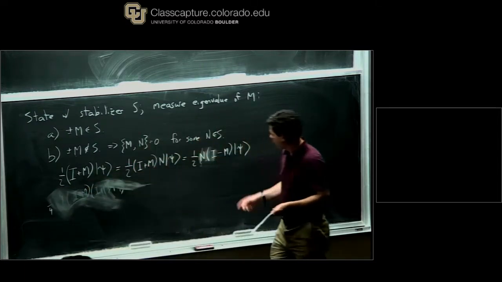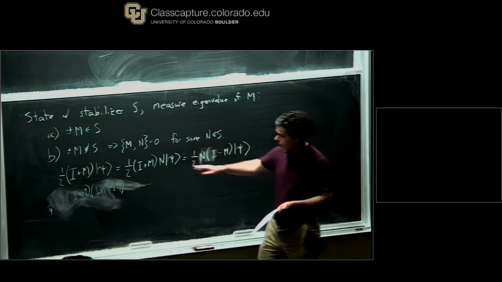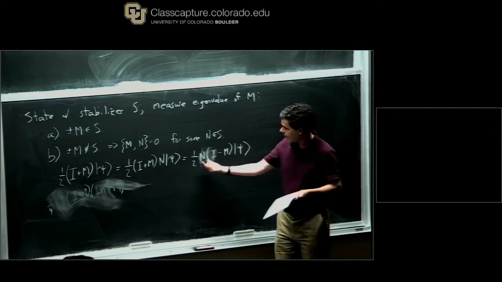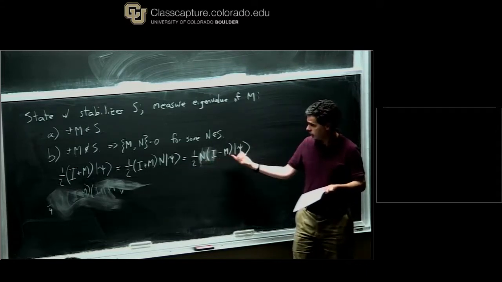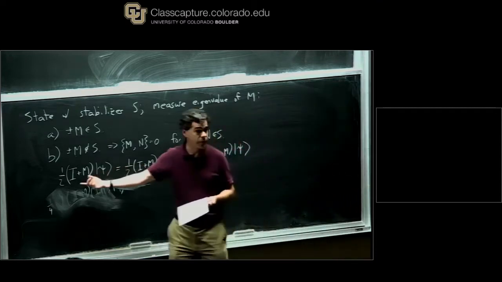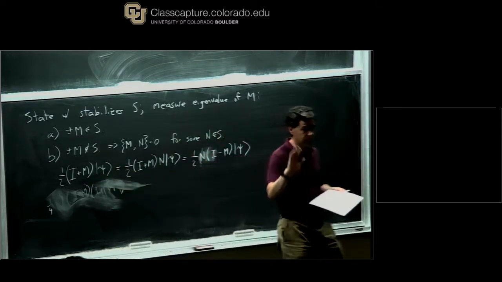But the point is that 1 plus M psi is not an eigenstate of N, right? If you apply N to the minus 1 thing, you get the plus 1 thing, which is clearly not the same. Maybe that's just the way to make the argument.